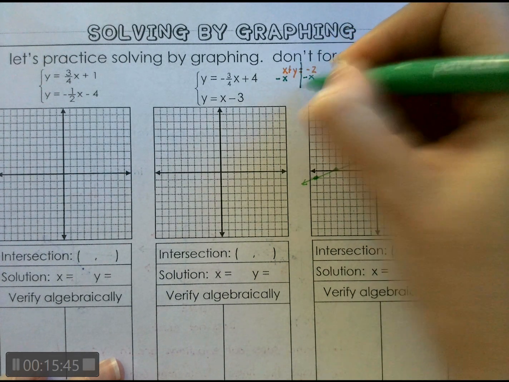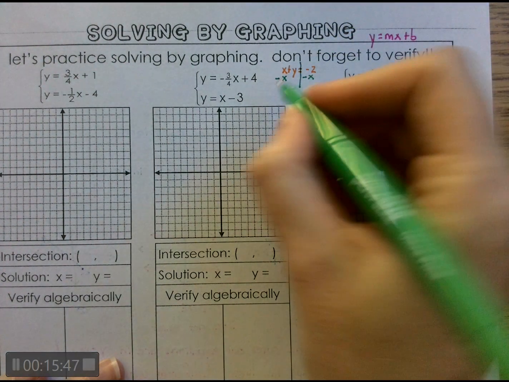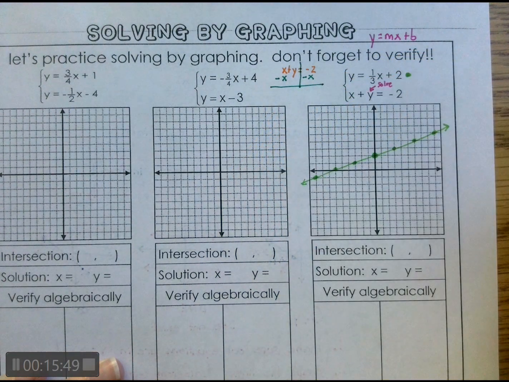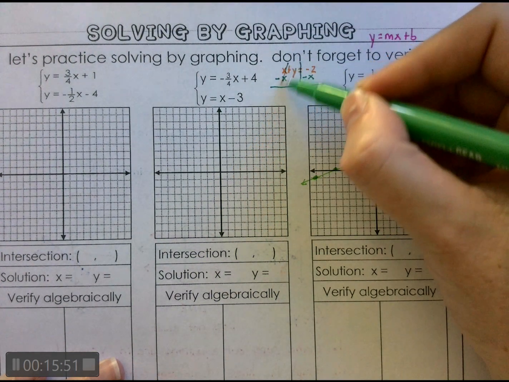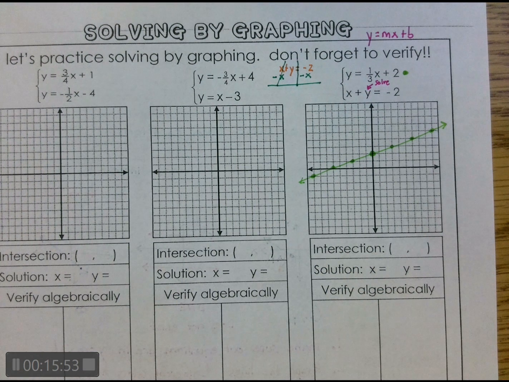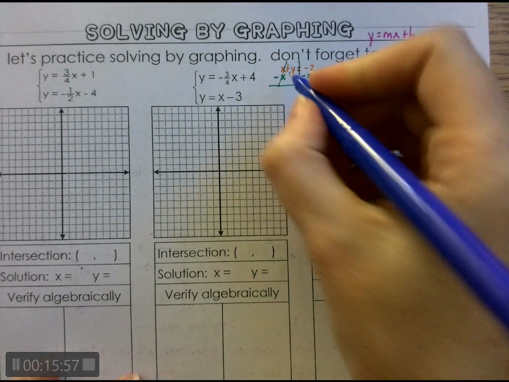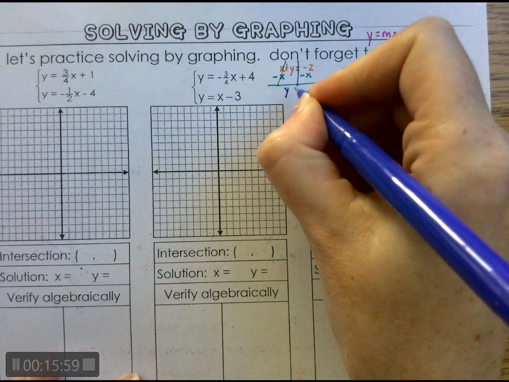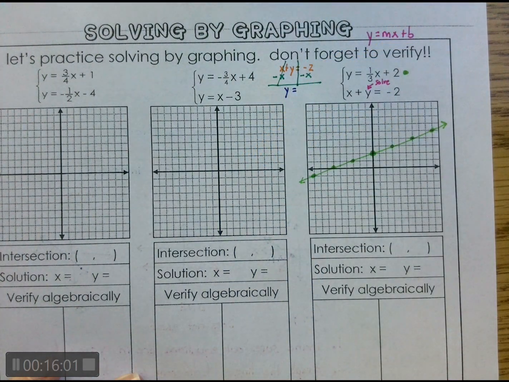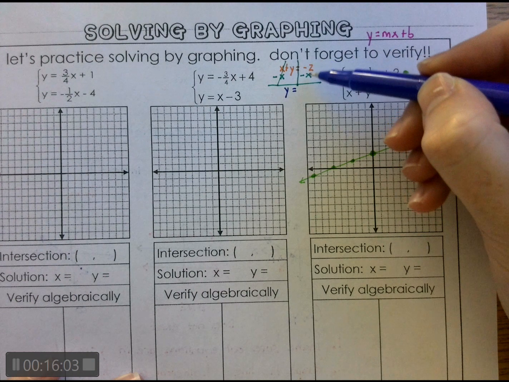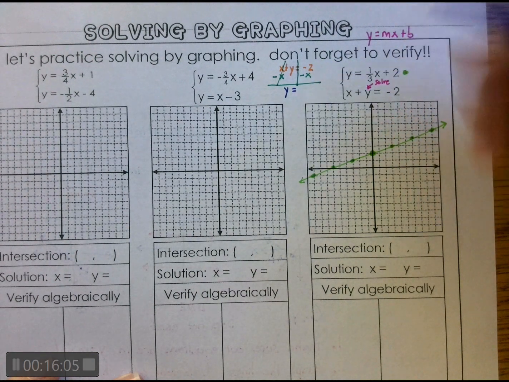Because remember, we got to be on the opposite side of our equation. x minus x gives us 0, and we are left with y. Bring down your equal sign, and then -2 minus x.